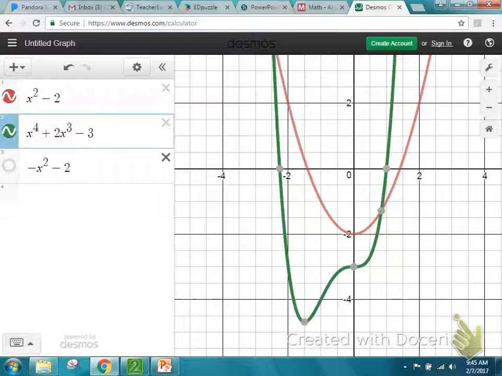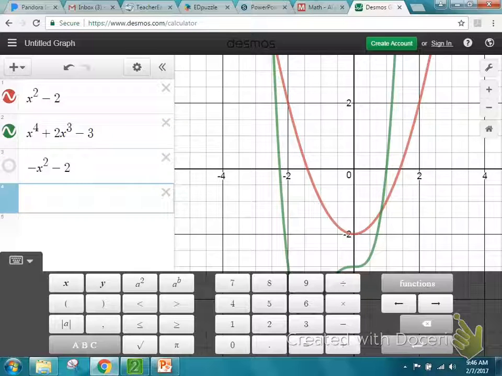Both of these degrees on the red and the green are what? Even. They're both even. I'm going to turn the blue graph back on, because this degree is also even, and its arrows are pointing in the same direction, going up together.